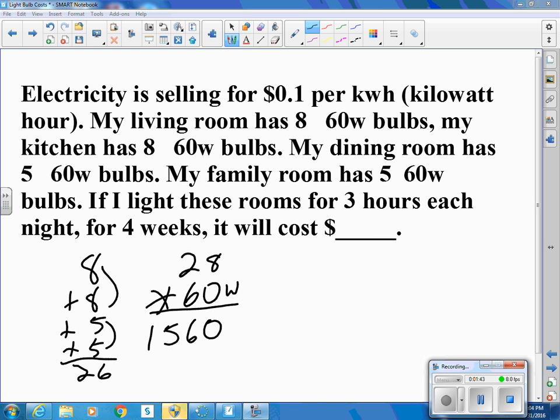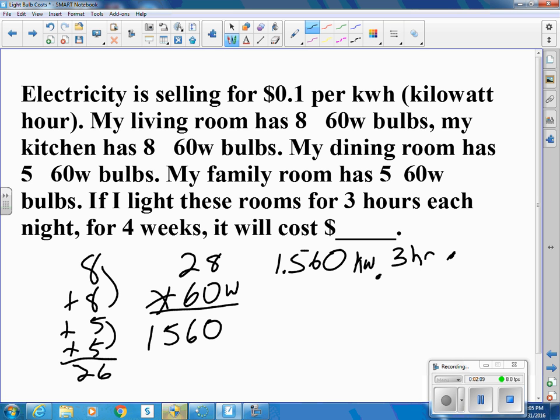So 1.56 kilowatts times 3 hours, times 4. Talking about 4 weeks.